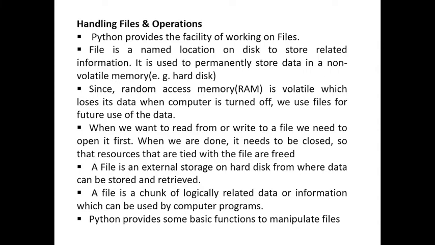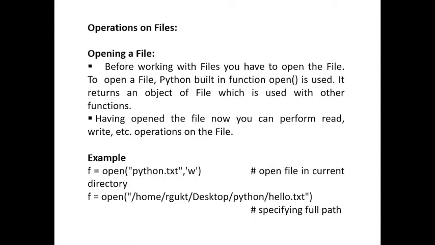Here you can store the data, that means the input, or processed data, that is the information. Data is nothing but raw facts and figures, and information is the processed data which can be used by the computer programs. So Python provides some basic functions to manipulate these files.